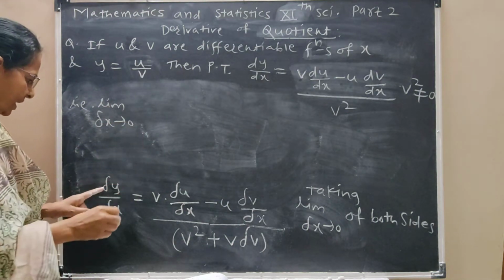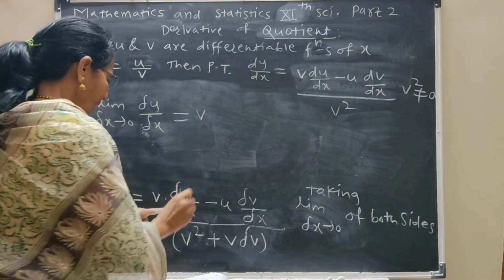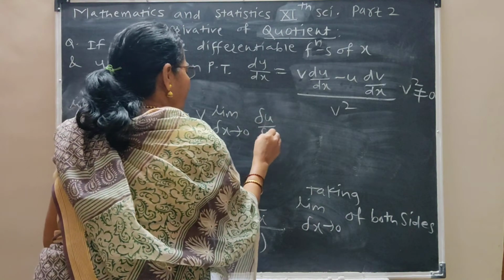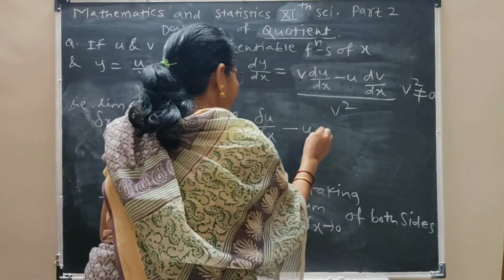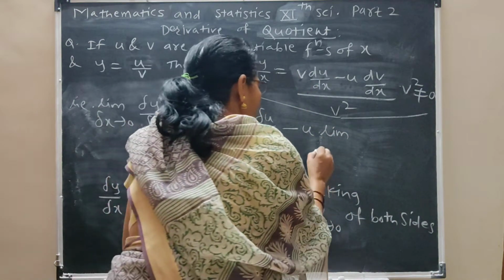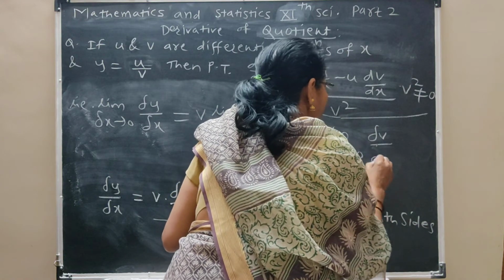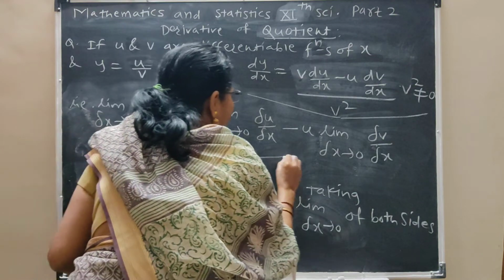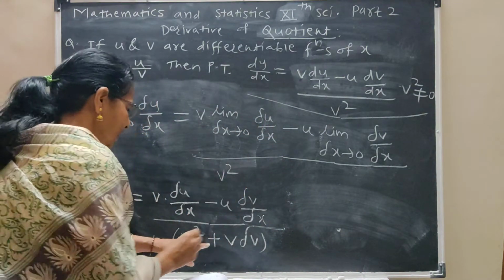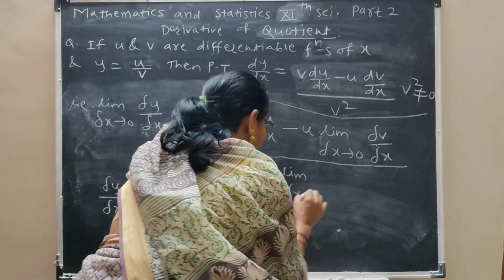Limit as delta x tends to 0, delta y by delta x is equal to v limit as delta x tends to 0 of delta u by delta x minus u limit as delta x tends to 0 of delta v by delta x, at the denominator v square, plus v limit as delta x tends to 0 of delta v.